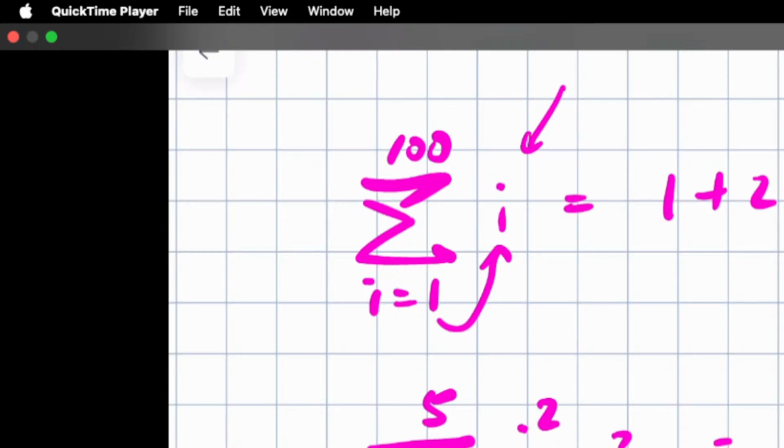So the example is, what if you have the summation of i equal to 1 to 6 of 3. Obviously there's no i I can plug in. I cannot plug in 1, 2, 3, 4, 5, 6, but it still has terms. So this is the same thing as 3 plus 3 plus 3 plus 3 plus 3 plus 3, which is equal to 18.